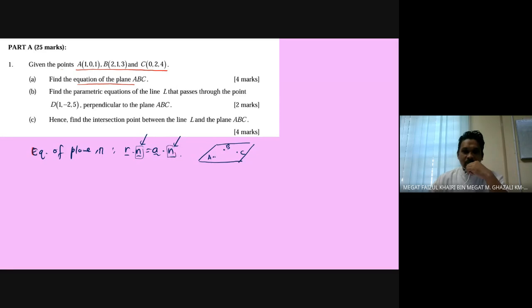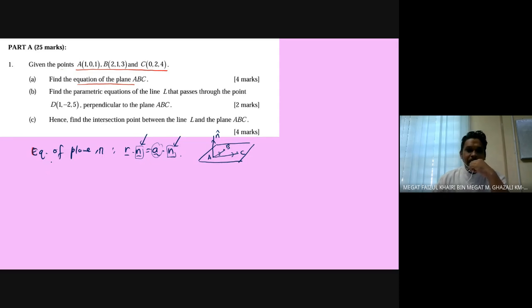We must find the vector AB and the vector AC. From there, we find the normal vector n. Then we substitute it into this equation and use any coordinate of A, B, or C. Either one is up to you.